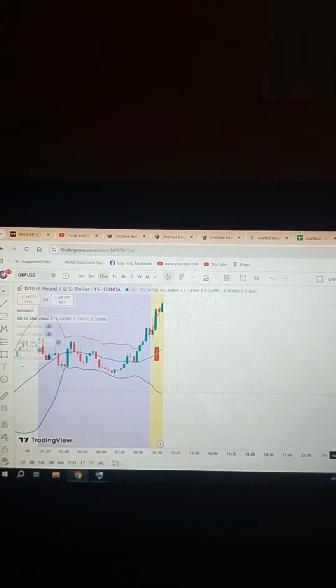This one you can't rush. Imagine you need to wait for the market to close below the 20 MA so you can enter. So guys, this tells you this strategy needs a lot of patience.